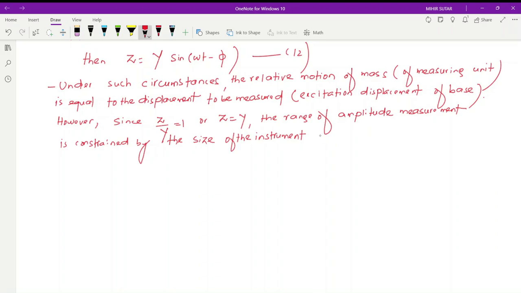Such an instrument is called vibrometer or seismometer.